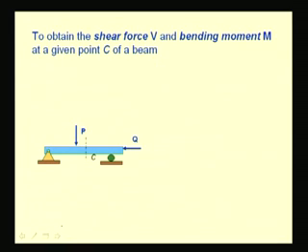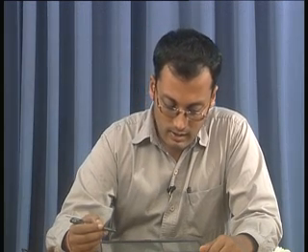In order to determine the shear force and bending moment, we consider the free body diagram of a portion of a beam and determine the unknown internal forces. So, let us see an example.